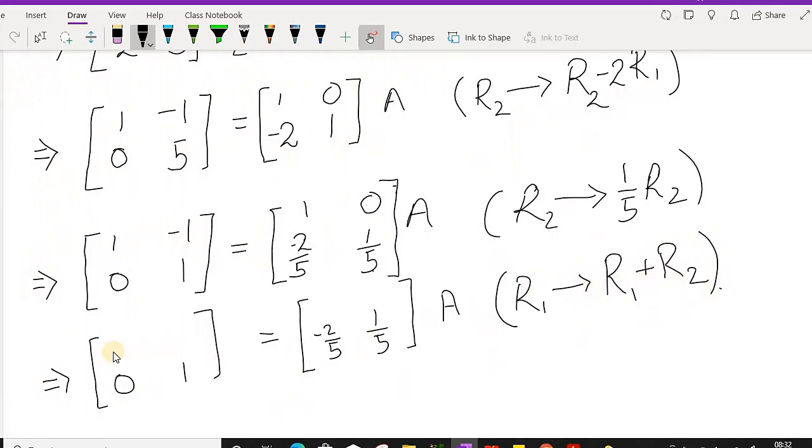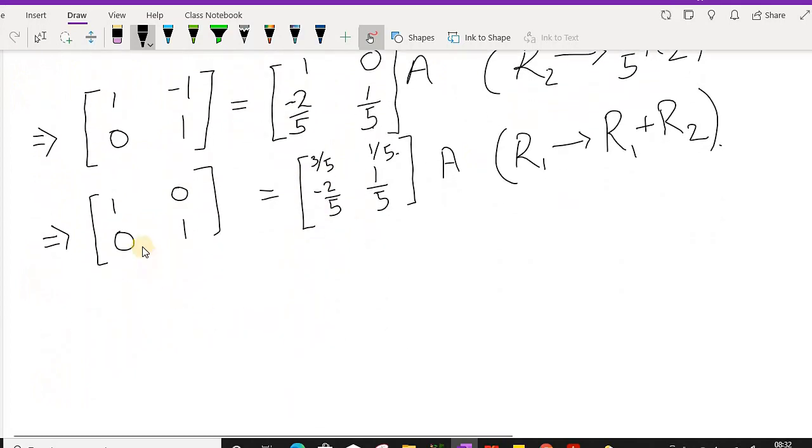Okay, now you apply this operation here. So R1 changes to R1 plus R2. So 1 plus 0 is 1, minus 1 plus 1 is 0, then 1 plus minus 2 by 5 is 3 by 5, and this plus this is 1 by 5.